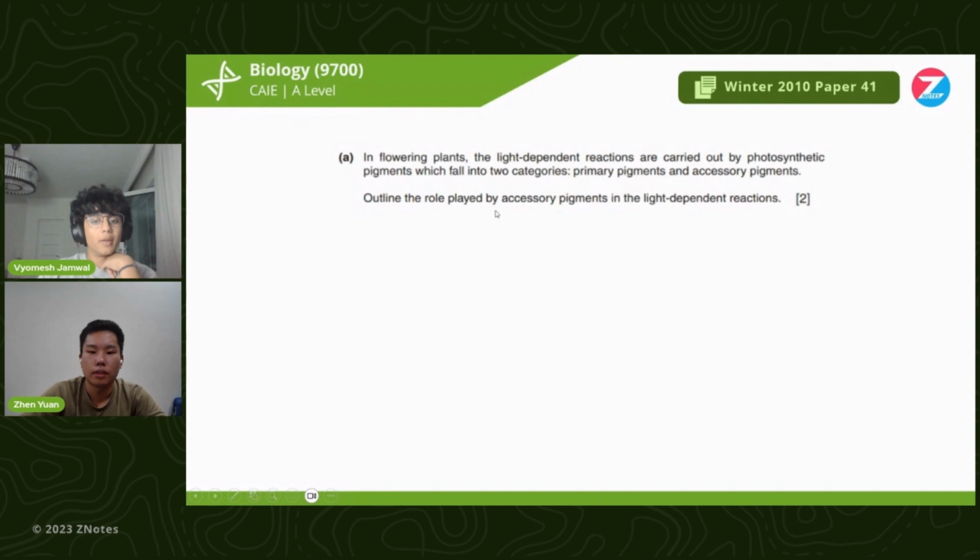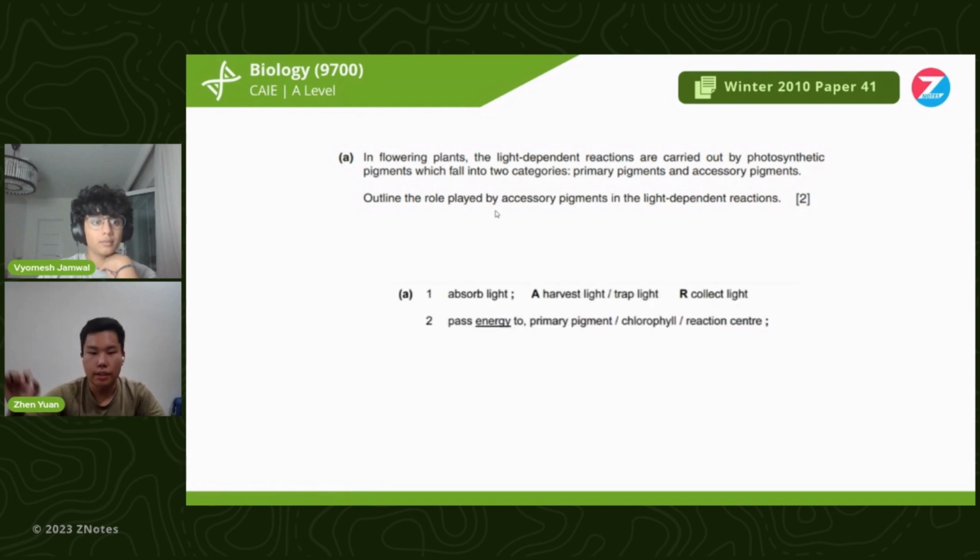So they would absorb light and pass it on to chlorophyll A, right? Correct. Essentially, what we've learned before is that they absorb light and pass the energy to your reaction center, where your chlorophyll A actually is, and thus it releases your electrons for photophosphorylation.